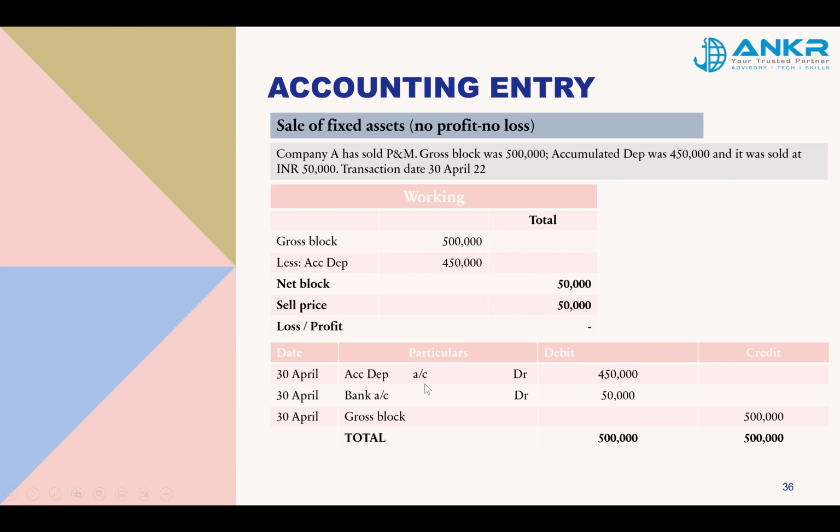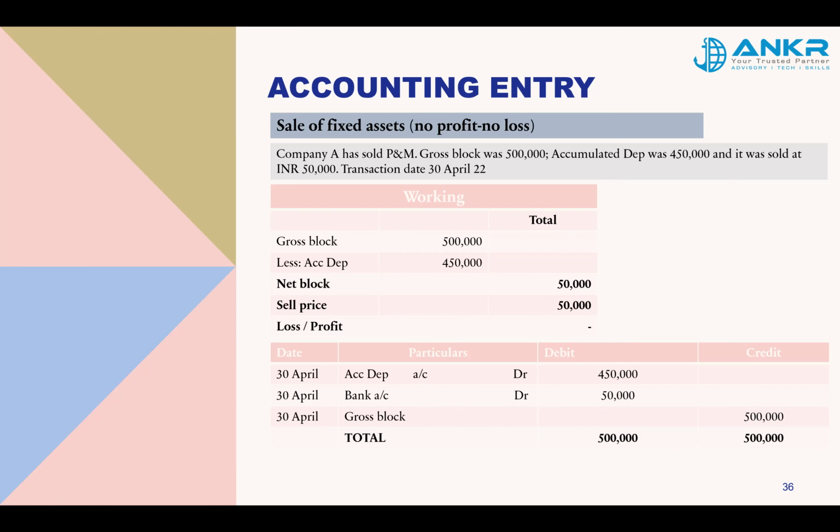But again, the entry would be accumulated depreciation account debit 4 lakh 50,000 rupees, bank account debit 50,000, gross block credit 5 lakh rupees, right? So you see, prepare a ledger in your mind.